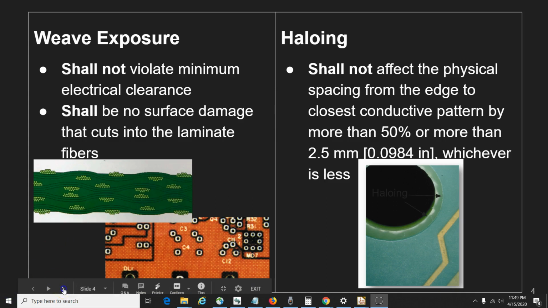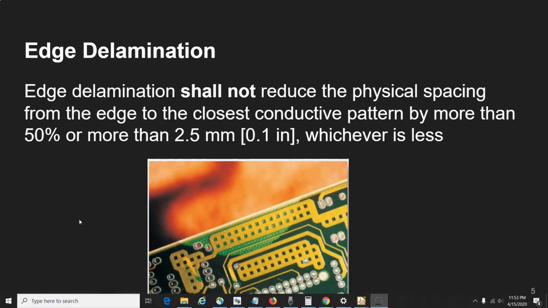Moving on to the next slide. So this slide talks about edge delamination, and for that the example is provided here. This is a PCB, and here you can see that this edge is delaminated, and the requirement for that is the spacing between the edge of the PCB and the conductor layer.